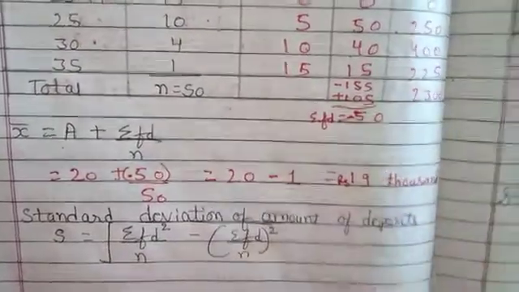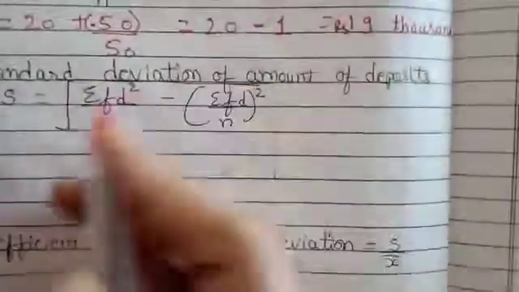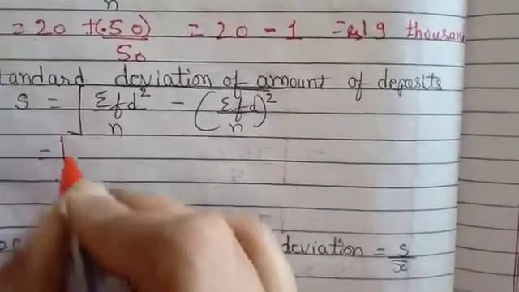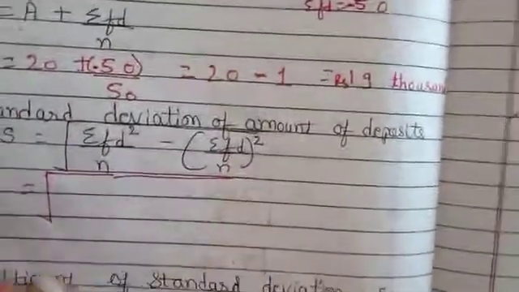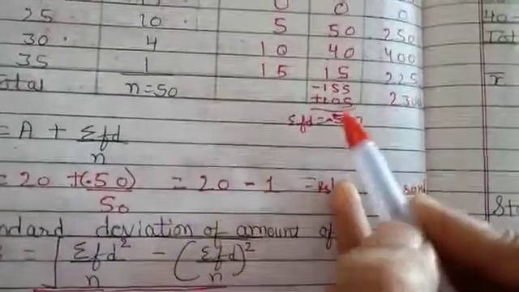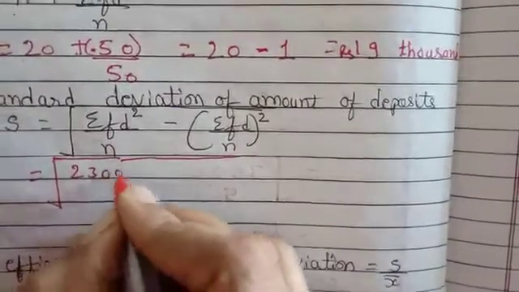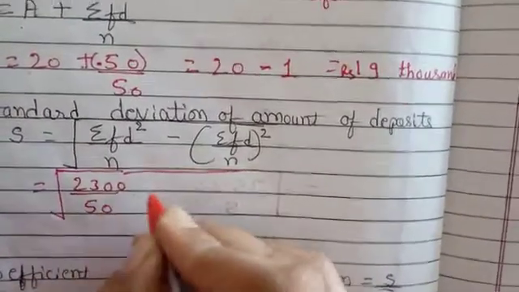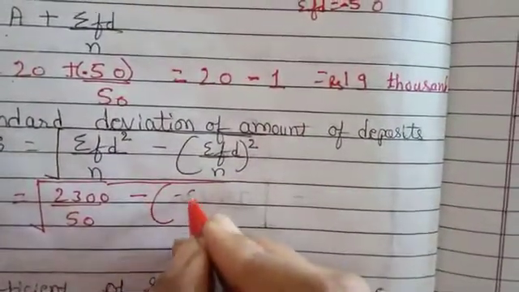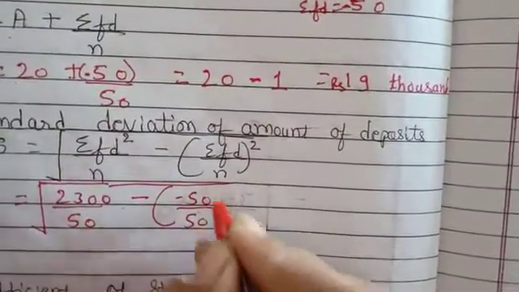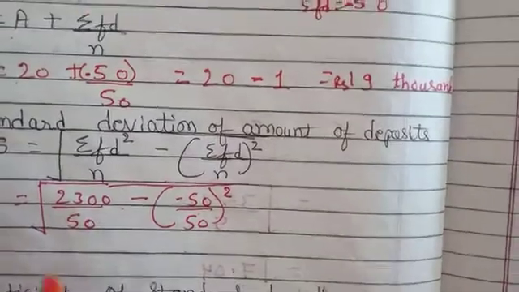Now I'll find out the standard deviation of the amount of deposit. So the square root of sigma FD square upon N minus sigma FD upon N whole square. Sigma FD square, what is my answer? 2300 divided by 50 minus sigma FD, which is minus 50, divided by N, which is again 50, and whole square.